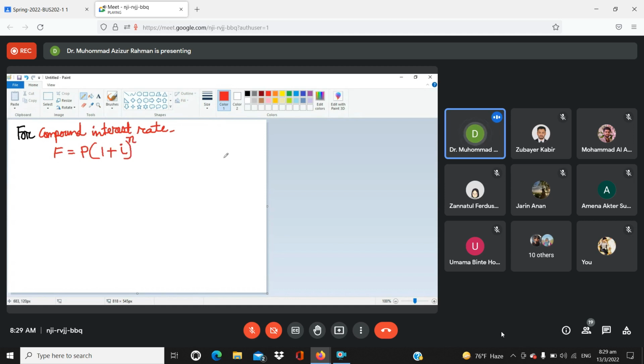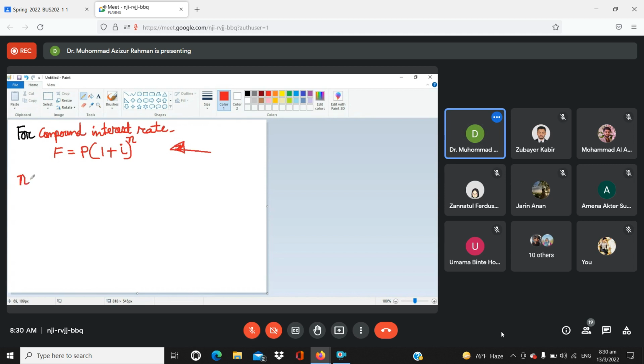You need to take note, the formula changes actually. Previously it was 1 plus i into n, but here it is (1 plus i) to the power n. So this one you need to take note, it is different for compound interest rate.